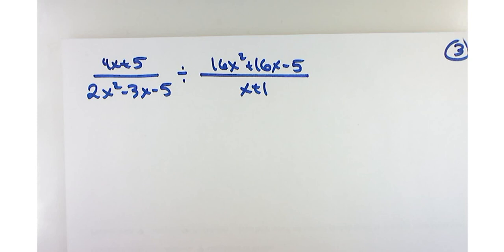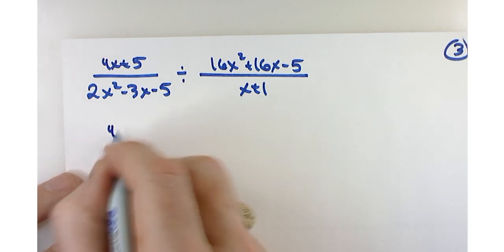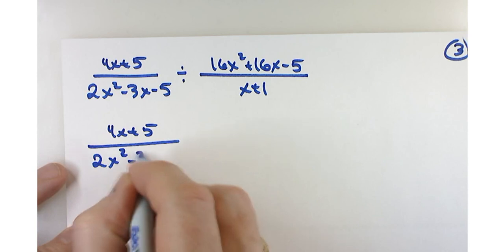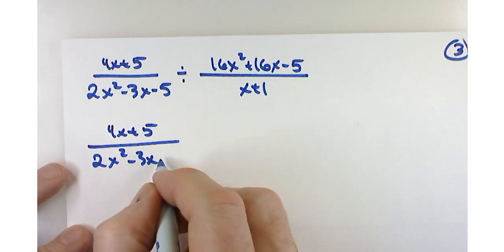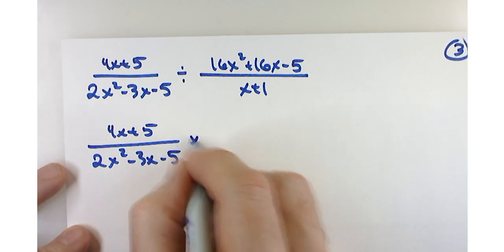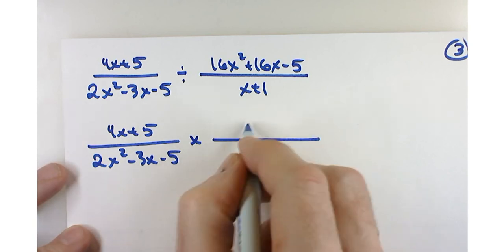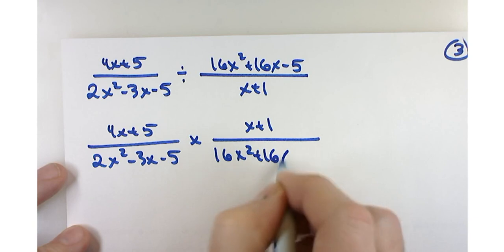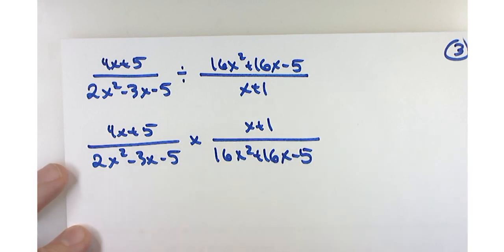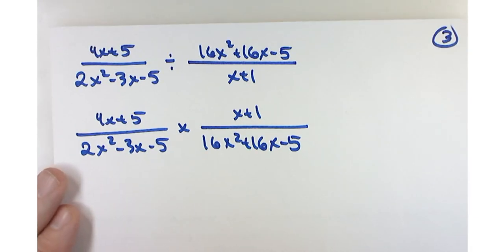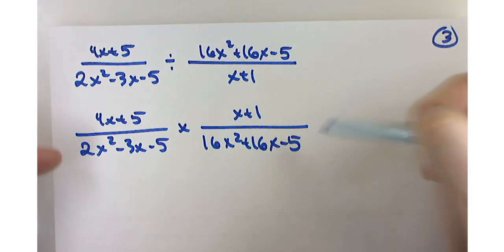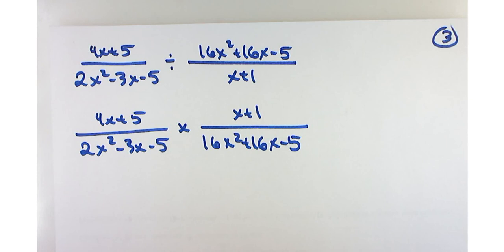So, and before we forget, 2x squared minus 3x minus 5 in the denominator times, it's going to put an x plus 1 in the numerator and a 16x squared plus 16x minus 5 in the denominator. Now, I will go through and show you the long way of factoring this thing.